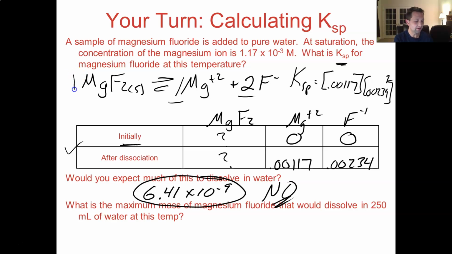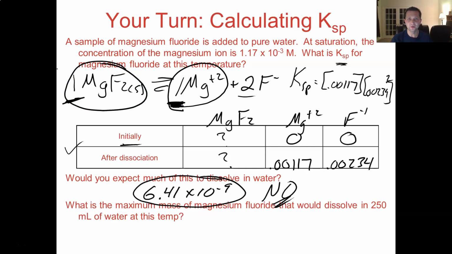Well, look what you have here. The coefficient on magnesium ion is 1. The coefficient on magnesium fluoride is 1. So the molarity of magnesium ion will be the same as the molarity of magnesium fluoride because it's a 1-to-1 ratio. So look, you have the molarity of magnesium, it's 0.00117 molar.